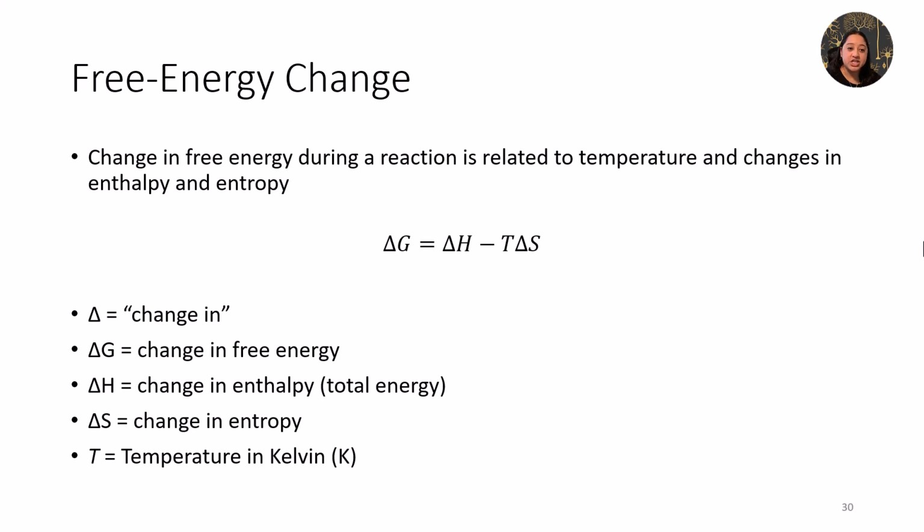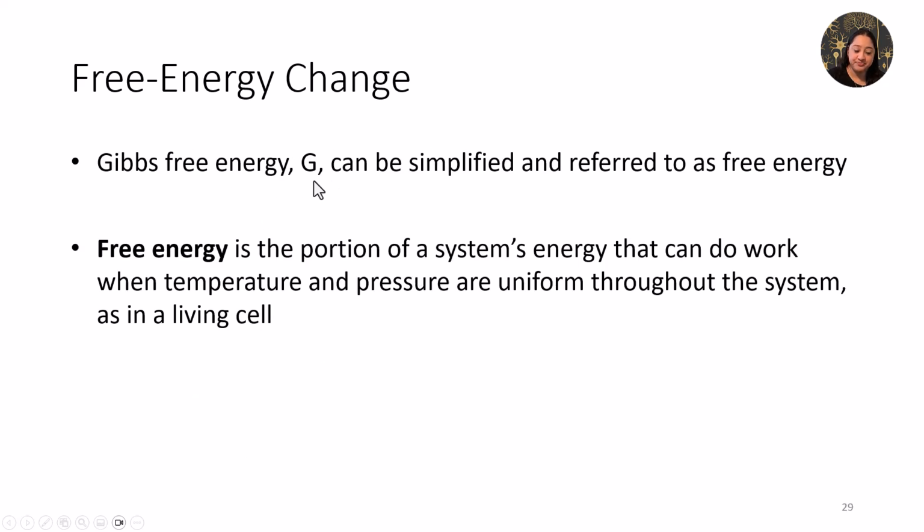So the change in free energy during a reaction is related to temperature and changes in enthalpy and entropy. So this haunts me. Remember, the capital G means free energy.